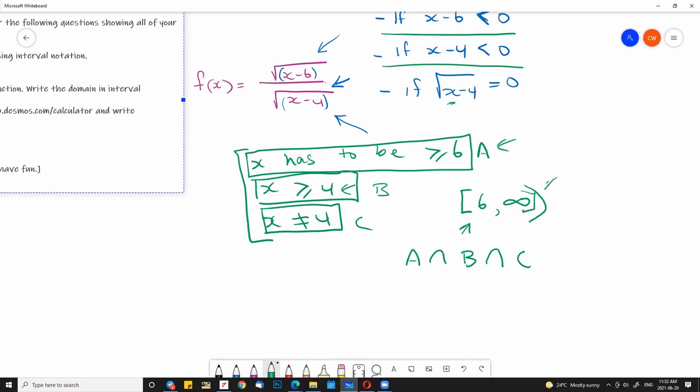It cannot be infinity either. So 6 up to infinity exclusive, right? And that's how we write it in interval notation. Include 6 all the way to, but not including infinity, right?